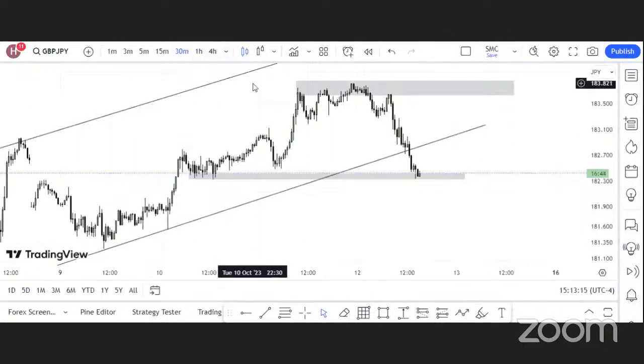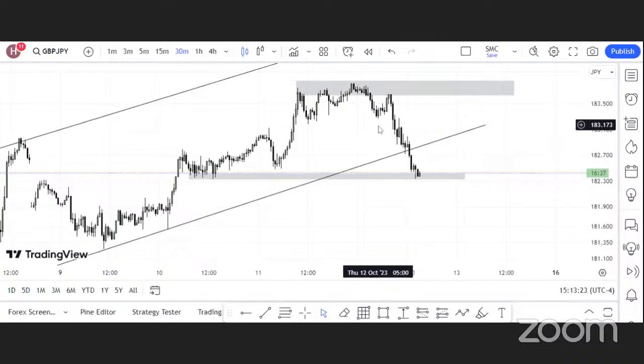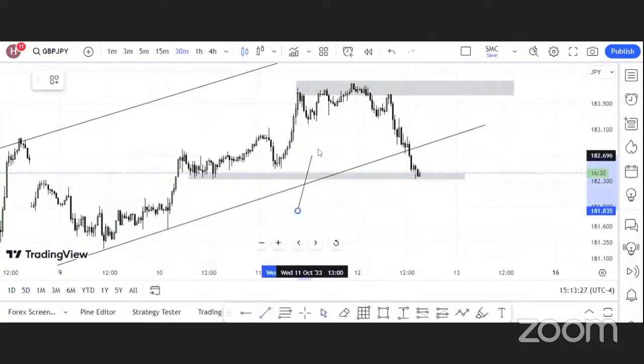So let's continue. We took the trade from this area. It was trading around this area when we took it. And the reason why I took it is because of this. My SMC strategy is a killer strategy. It's the kind of strategy every forex trader wants to have.